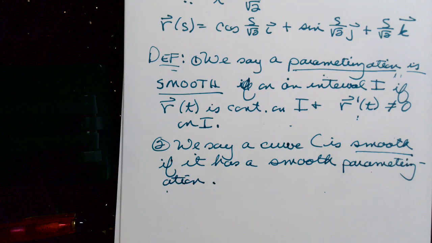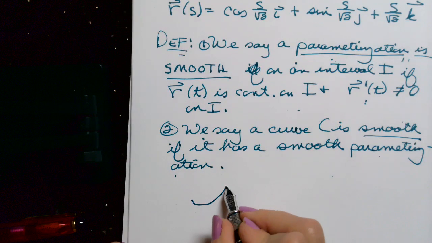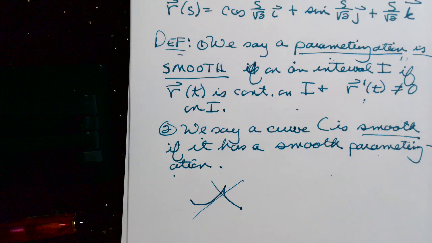Essentially that means the curve has no corners or cusps. As the curve makes turns, it does so nicely without any sharp peaks. So you don't have pieces of the curve doing anything like that. That's a no-no on a smooth curve. That's a cusp.